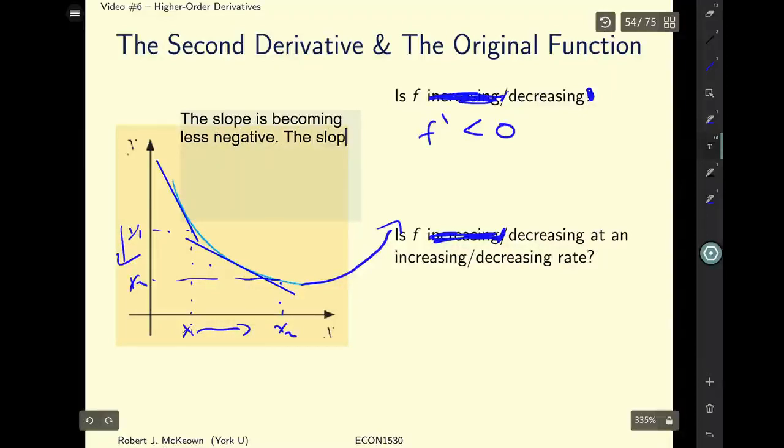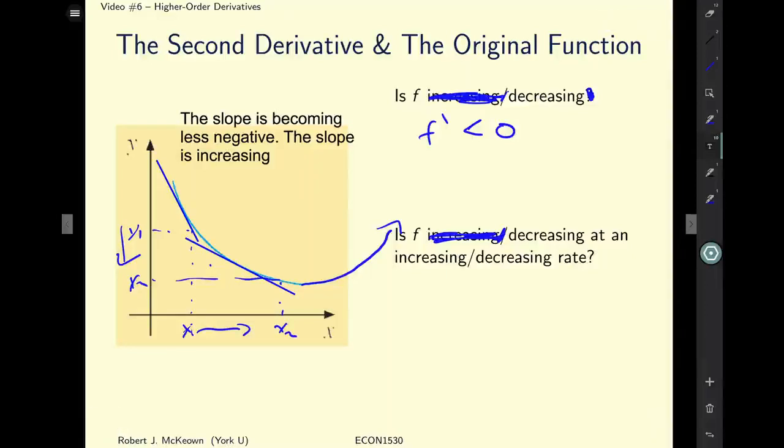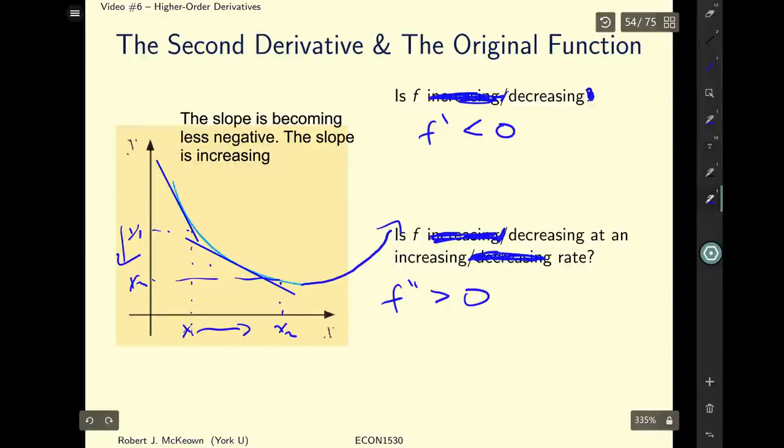The slope is increasing. It's becoming less steep. The value of the slope is becoming larger as x increases. And so f is decreasing at an increasing rate. So f double prime, the second derivative, is greater than 0.